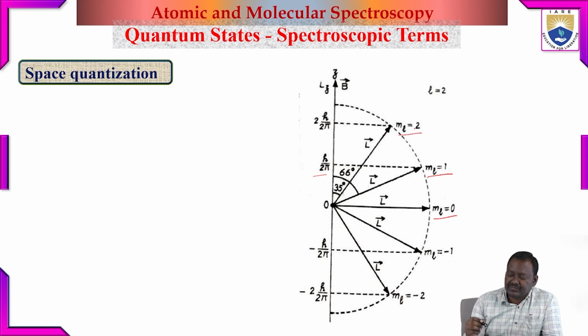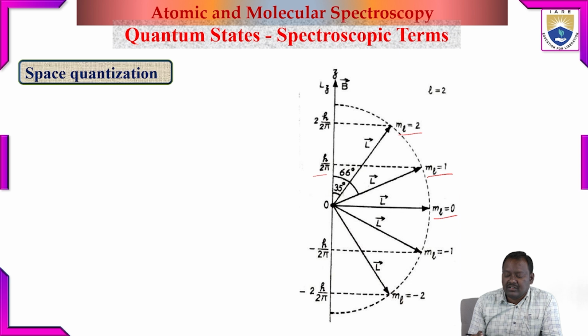For ml equal to 2, the length of the z component of orbital angular momentum is 2h by 2 pi. For the negative values, ml equal to -1 gives minus h by 2 pi, and ml equal to -2 gives minus 2h by 2 pi.